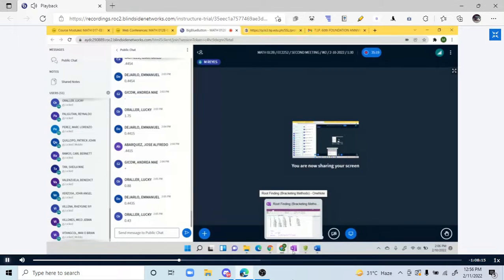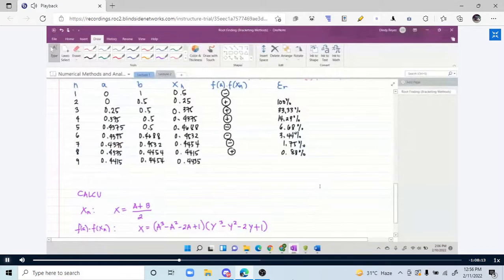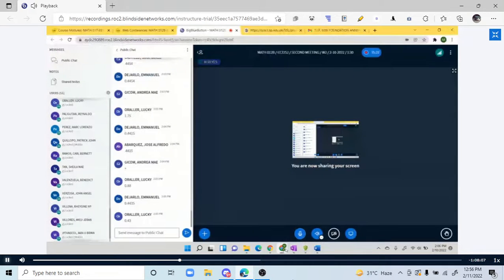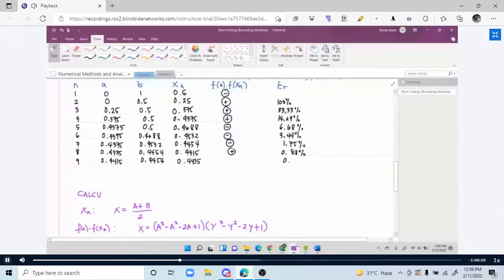Is it 0.43 or 0.45? Kindly check the relative error, 0.43 or 0.45. Current estimate is 0.4435 and then previous one is 0.4415.